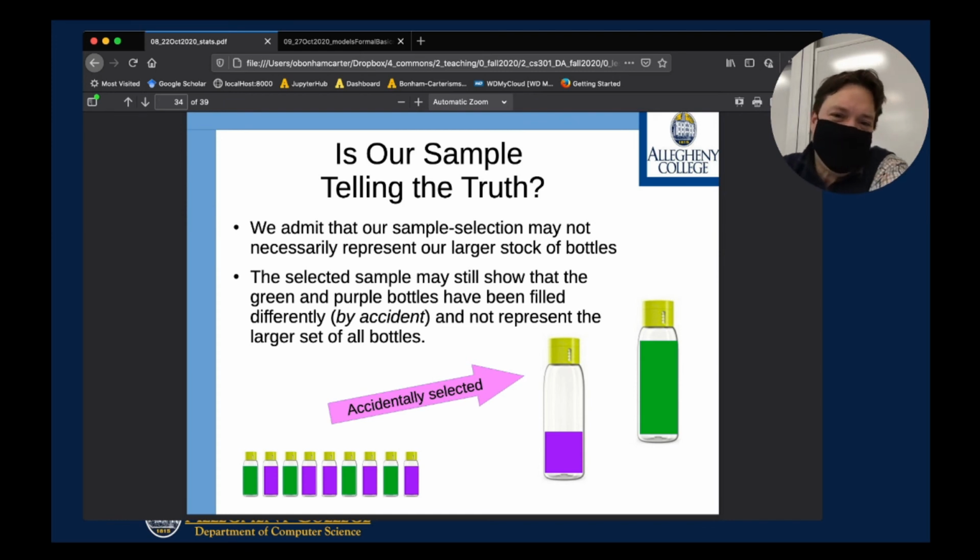And so we have to ask ourselves, did our sample actually tell us the truth? And that's why you might want to run this again, where again you're choosing truly random bottles. But we're trying to figure out whether we correctly selected our bottles here.